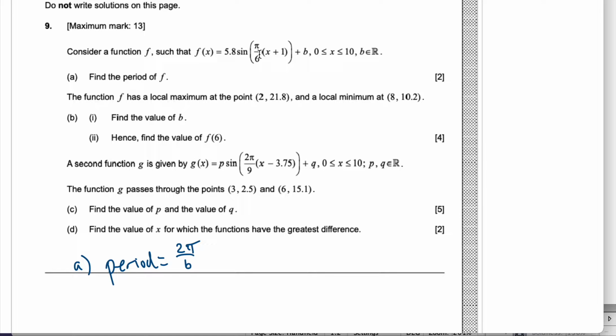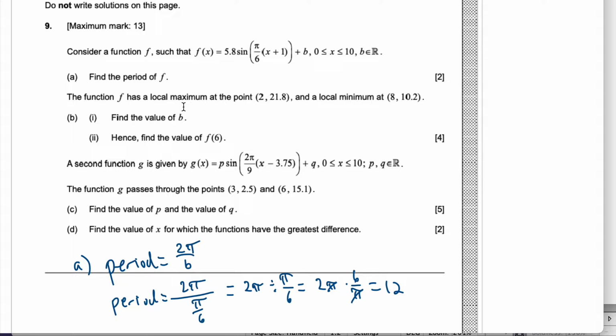So period is equal to 2 pi over pi over 6, which is 2 pi times 6 over pi. The pi's will just cancel, and it's 12. So that's part A.